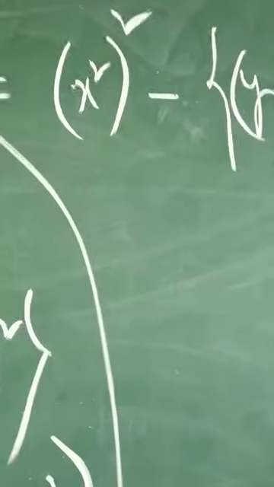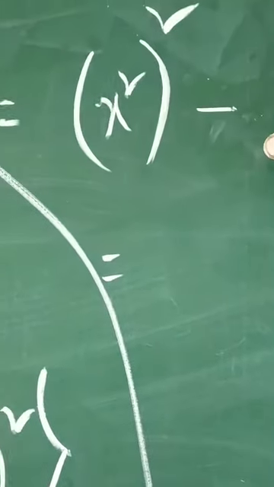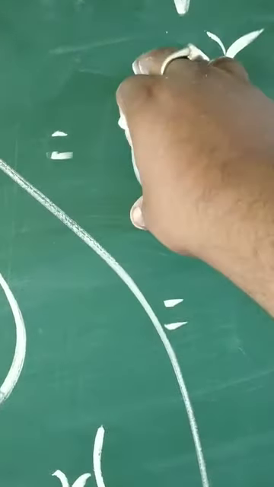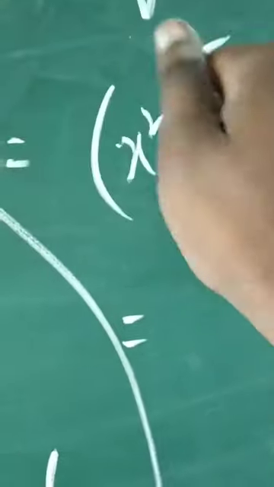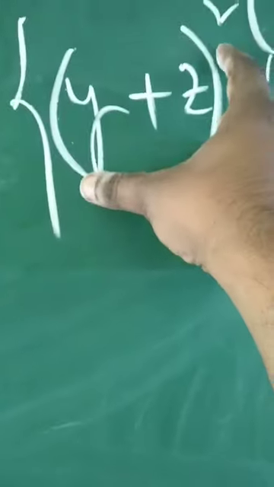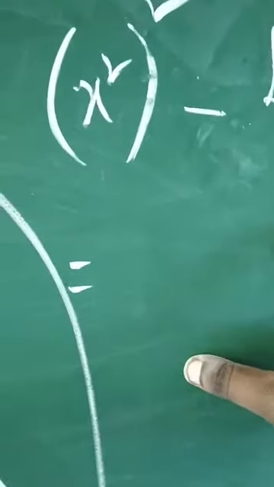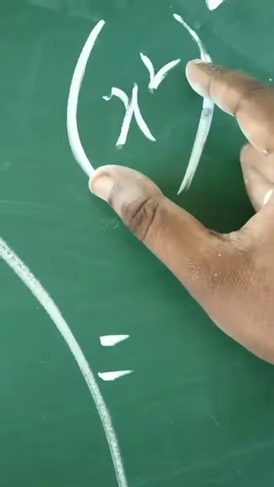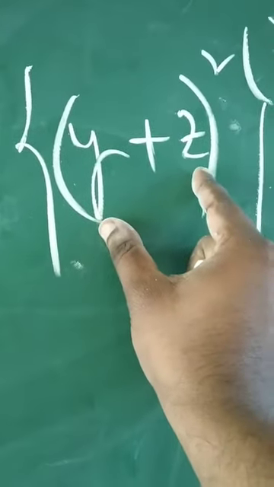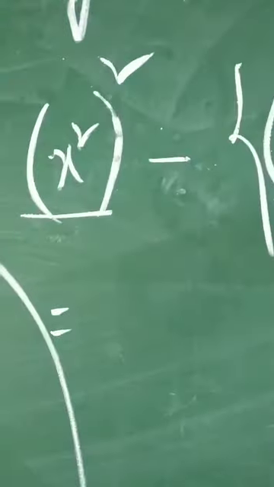So children, I'll apply the a square minus b square formula here. This x square is your a, and y plus z whole square is your b. I'm going to repeat once again: x square means a, y plus z whole square means b. So this is a square minus b square.